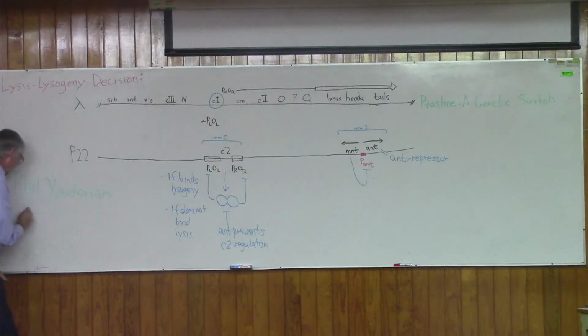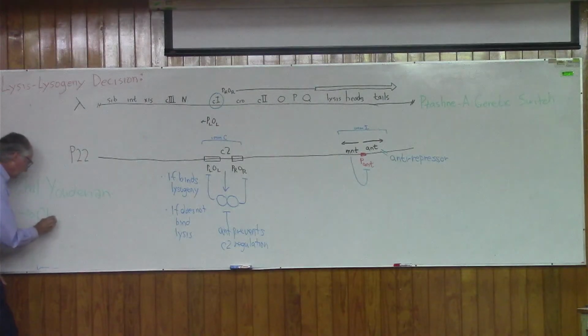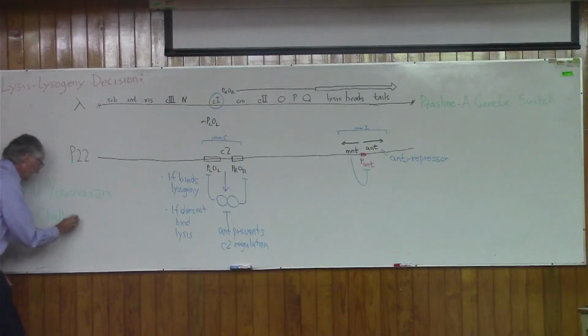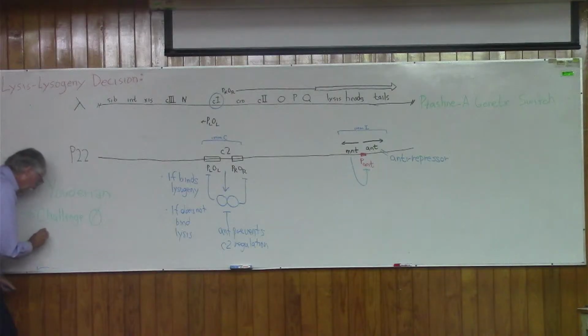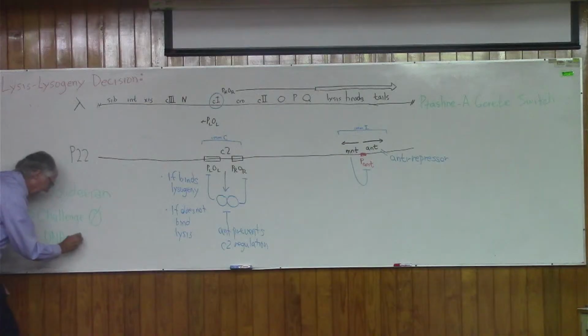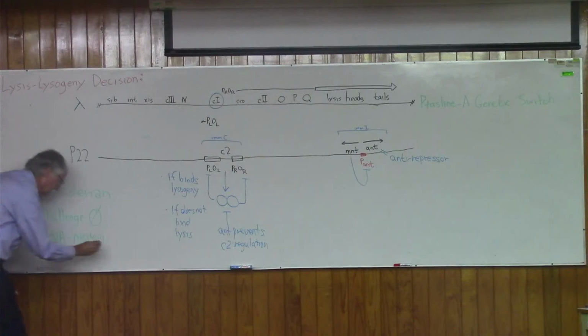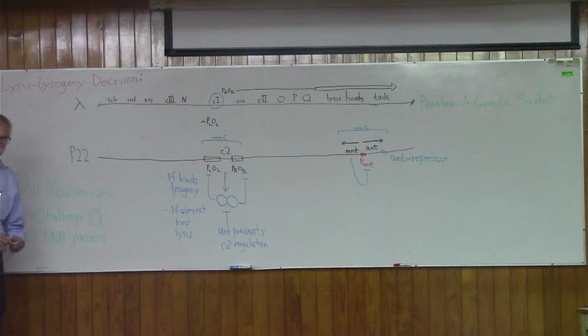And that idea was to take this P22 system and build something called the challenge phage that would allow you to study DNA protein interactions. Okay? So specifically, how a protein binds to a regulatory site. Phil Yadarian is one of the most unusual people I have ever met in my life.